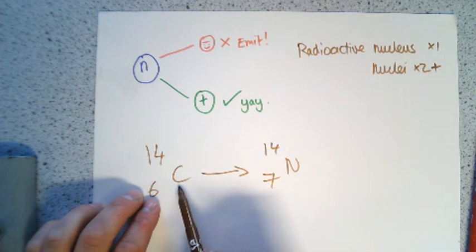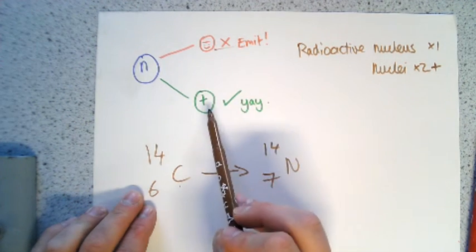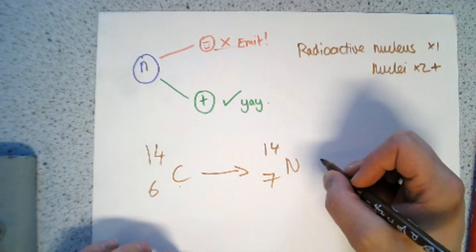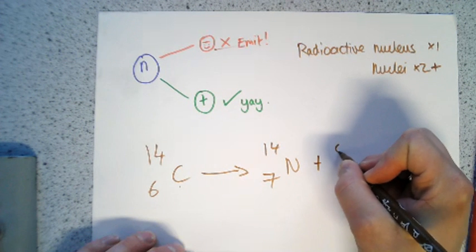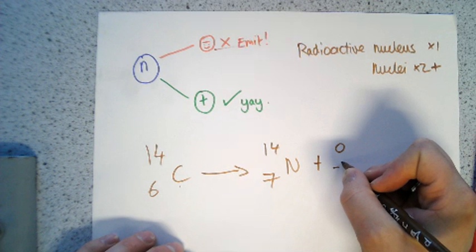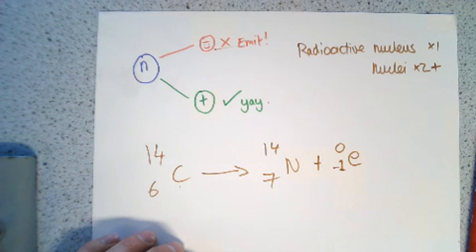So we start off with carbon, an atom, neutron, electron given away, proton, which is why that bottom number, the atomic number, has increased by 1. To show what a beta particle is, we use 0. And people always think I've drawn an eye when I do this. 0, minus 1, and an e.